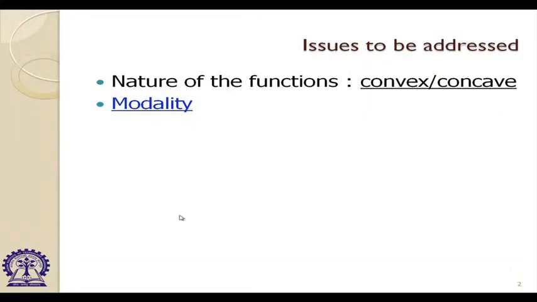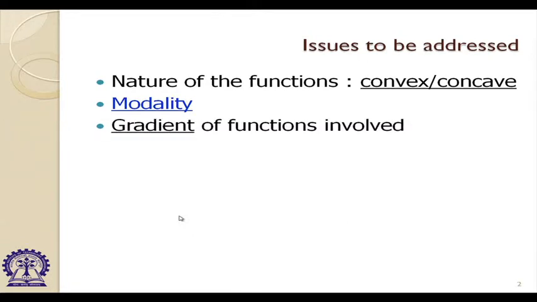That's why you need to know the definition of convexity and the definition of concavity, and further issues related to that. And I told you the definition of unimodality. That's why modality is the next concept you need to address for solving nonlinear programming problem, and the gradient of a function is another part to address.